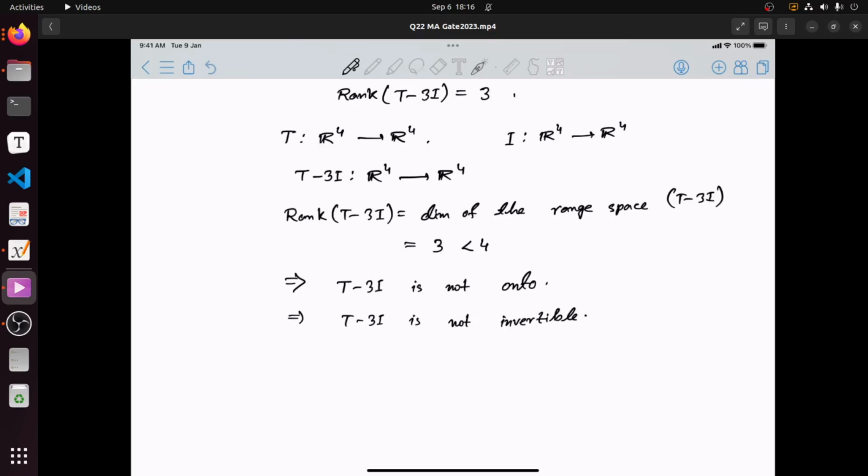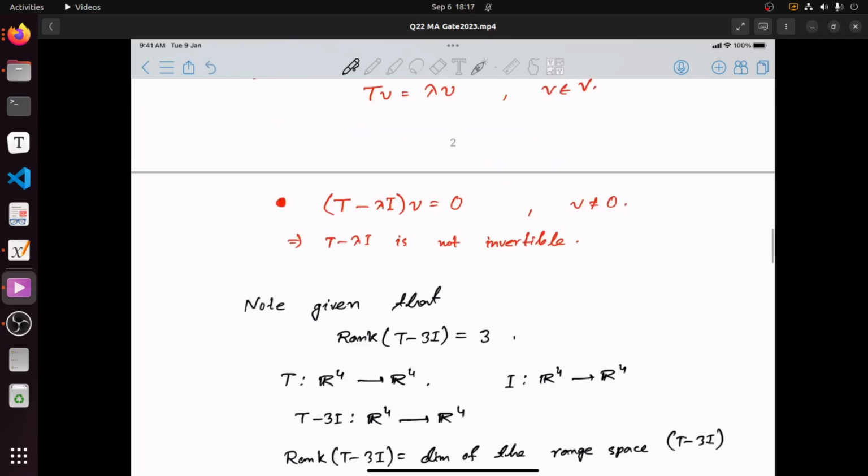So what we have seen earlier is that if T minus lambda is not invertible, then lambda is an eigenvalue of T, right?